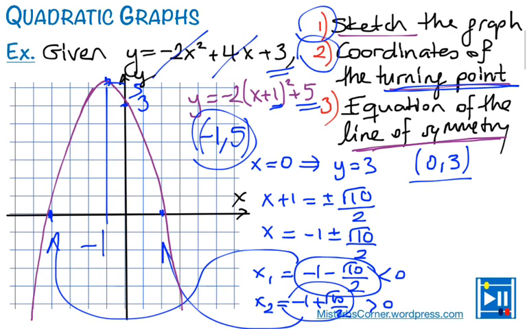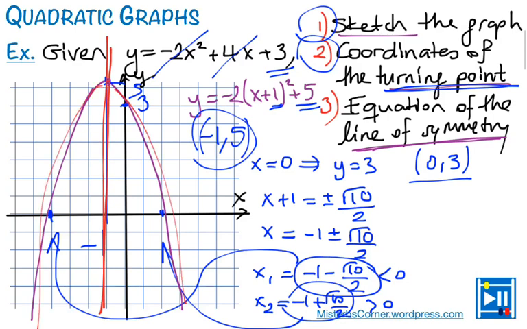Now, the line of symmetry is where you just have the graph cut into 2 bits and fold it so that it's going to match. If you cut it from the red line, which is a vertical line, and fold it, this part and this part will match.